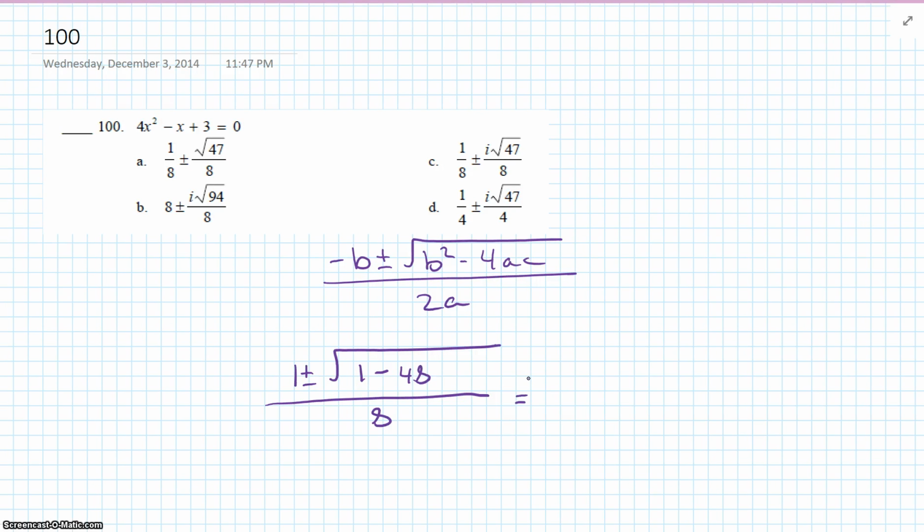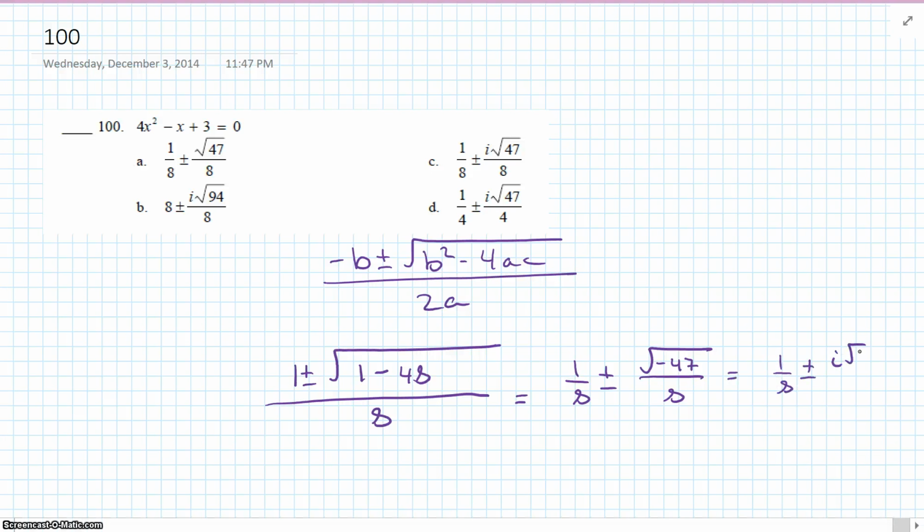So here we go. I can rewrite this as 1/8 plus or minus the square root of negative 47 over 8, which is 1/8 plus or minus i square root of 47 over 8. And so it looks like C then.